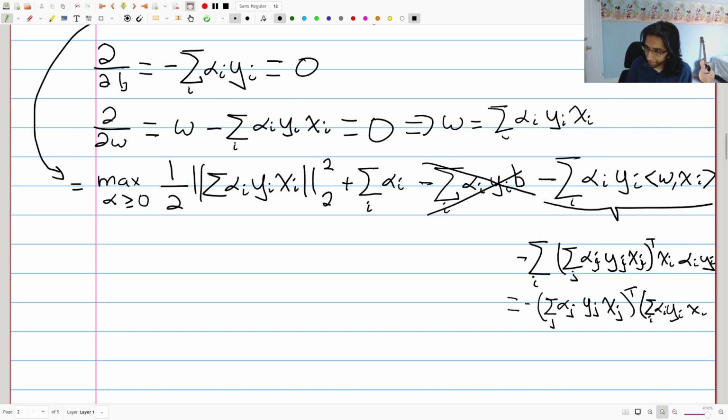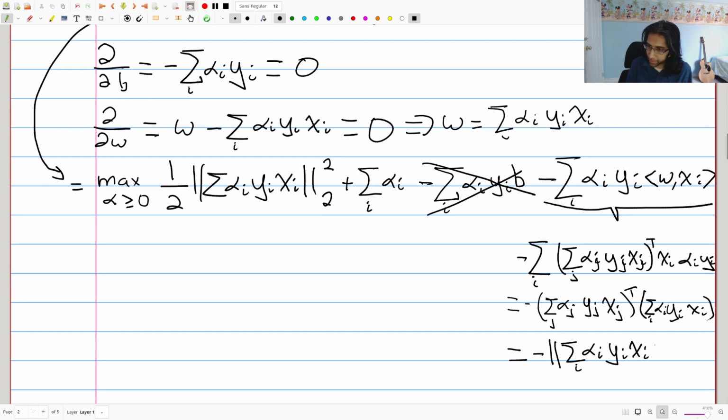Sorry, it's getting a bit sloppy here, but essentially these are just the same thing. And now this whole expression right here can be written as the negative of the L2 norm of the same vector, because it's just a vector with the dot product with itself. It's just its L2 norm squared.